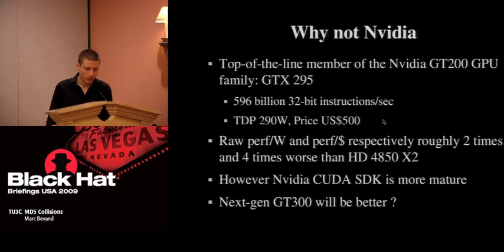If you look at the price, it's also twice as expensive. And overall, it's not the best choice if you want to run GPU workloads. However, the NVIDIA SDK, known as CUDA, is very well known, very mature, very easy to develop with. That's why most people choose NVIDIA cards when running workloads on video cards, just because the SDK makes it much easier.